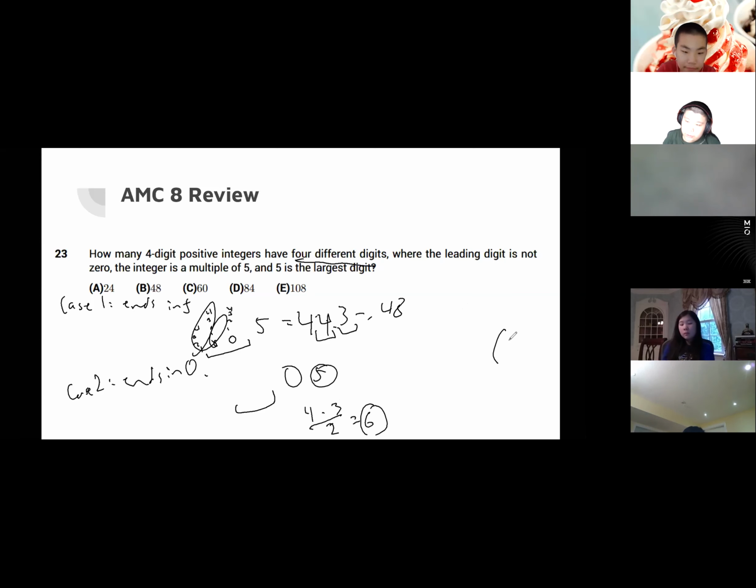And this is 4 choose 2, if you remember, because you have to take 2 of them from 4. Then for example, if you choose 1, 2, and 5, you have 6 options for arranging them, which is 3 factorial, because you can swap these three numbers around however you like. So 6 times 6 equals 36, and you can add these. 48 plus 36 is equal to 84.